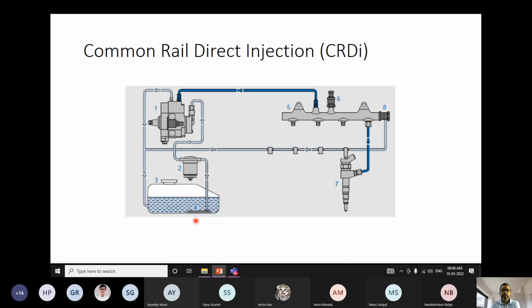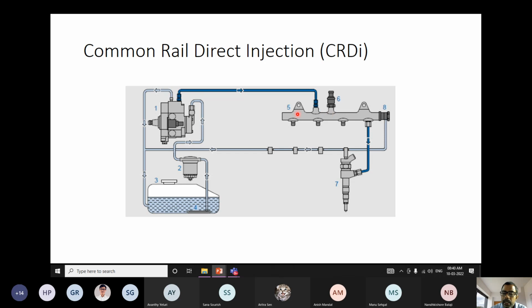Now see, this is the complete schematic of the common rail direct injection system in the diesel engine. Number 3 is the tank. Number 4 is a small fuel pump, where fuel is pressurized. It goes to the fuel filter, and after filtration, the fuel goes to the high pressure fuel pump. Number 1 is the high pressure fuel pump, where the fuel is compressed to a very high pressure, and then the high pressure fuel goes to the rail.